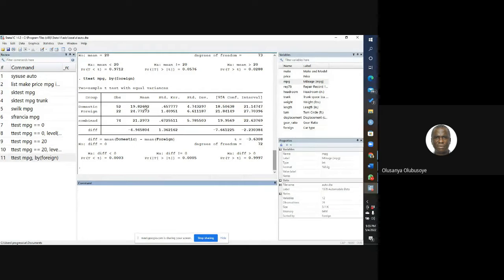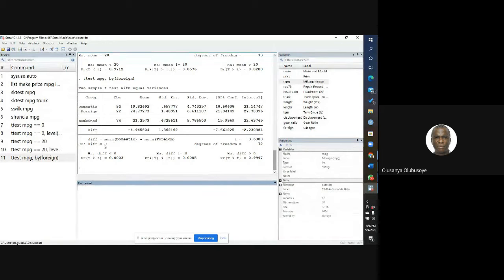So this is the mean for domestic and foreign, and these are the standard error and the standard deviation, both for the individual groups and the combined group, and so on. This is the confidence interval. And this is the difference between the mean of the domestic and the foreign.